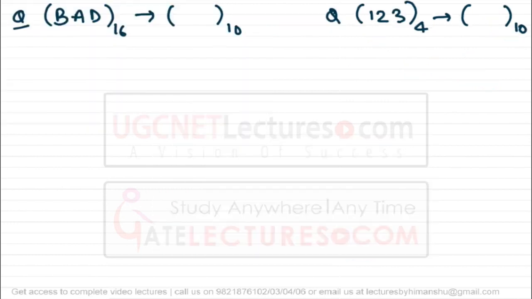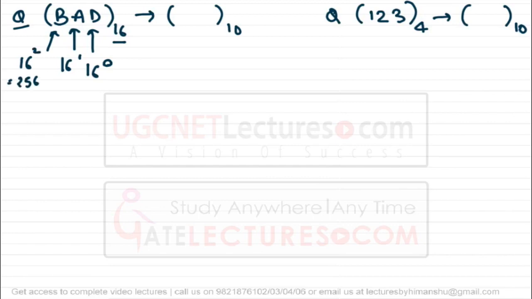Now let us quickly look at some other bases. This is a number of base 16 and you have to convert it into a decimal number. The procedure remains the same. What is going to be the weight of this bit? It's going to be 16 to the power 0, which is 1. The weight of this bit is going to be 16 power 1. This bit has weight 16 power 2, which is 256.